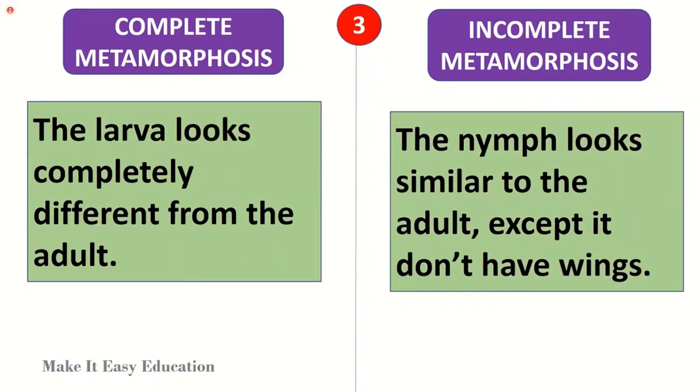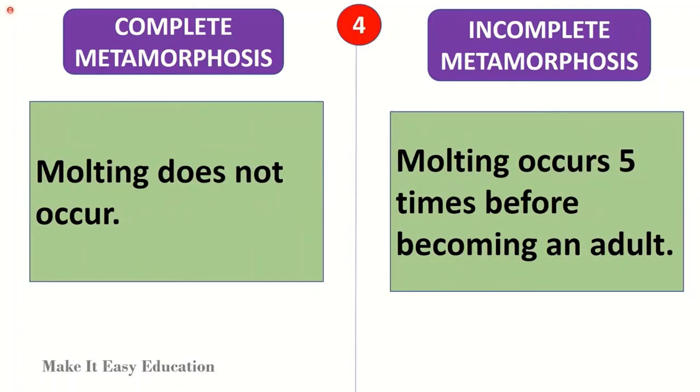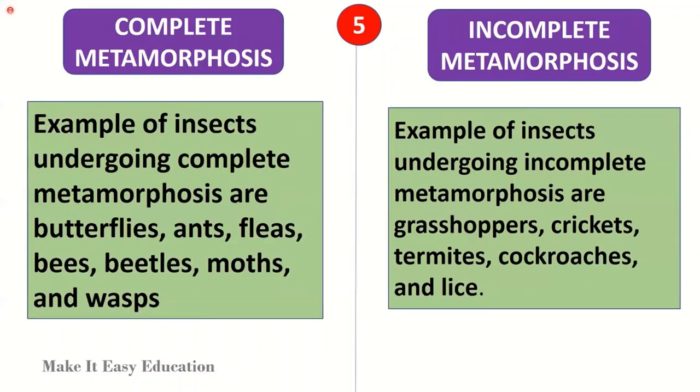In complete metamorphosis, the larva looks completely different from the adult. In incomplete metamorphosis, the nymph looks similar to the adult, except it doesn't have wings. In complete metamorphosis, molting does not occur. In incomplete metamorphosis, molting occurs 5 times before becoming an adult.